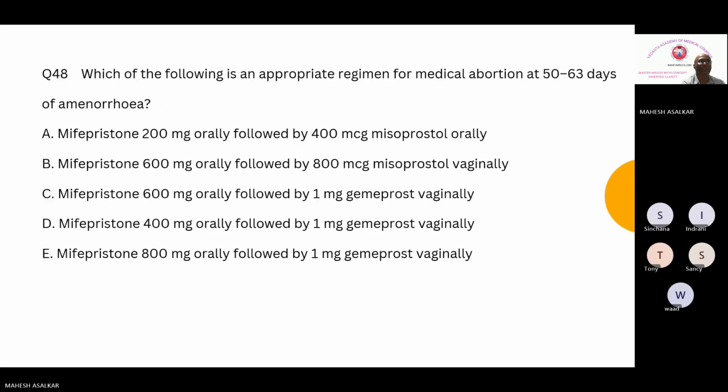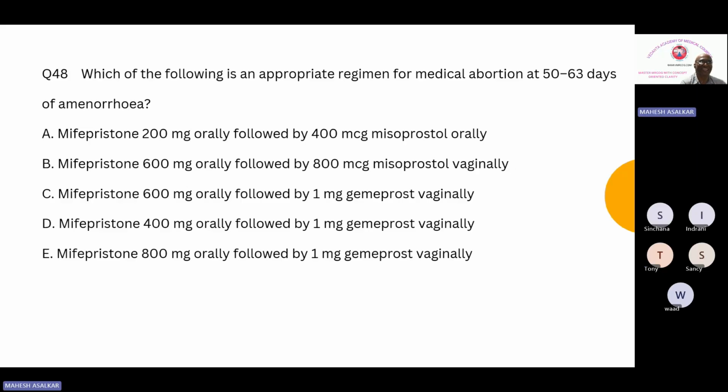Next: which of the following is an appropriate regimen for medical abortion at 50 to 63 days of amenorrhea? I don't have an idea. It's confusing.